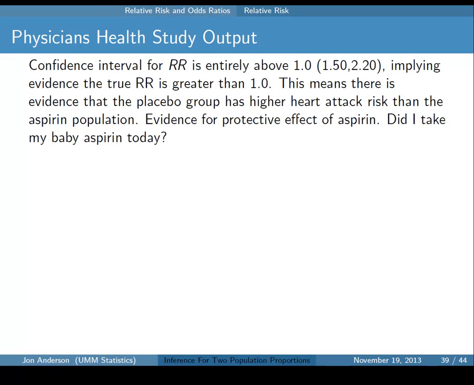And 1 is not contained in this confidence interval. All of the reasonable values for the real relative risk are bigger than 1. That means evidence that the placebo group has higher heart attack risk than aspirin, or in other words, aspirin reduces heart attack risk. That would be the conclusion from this study.